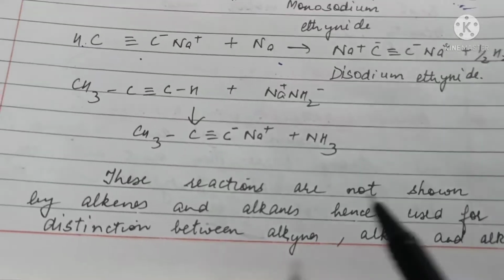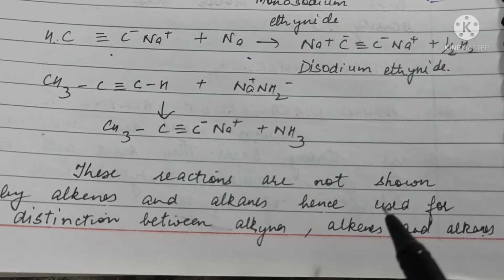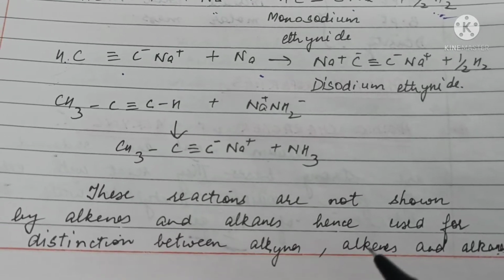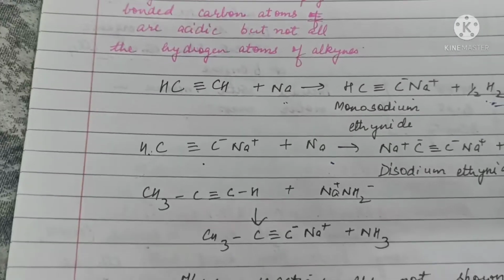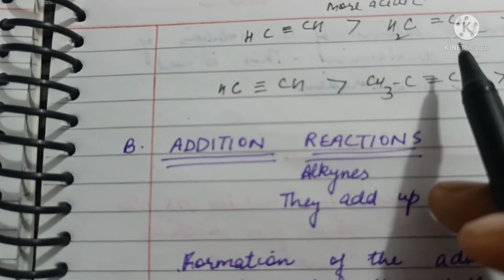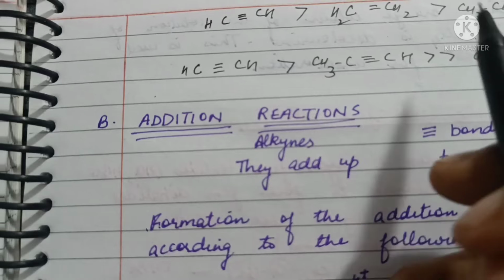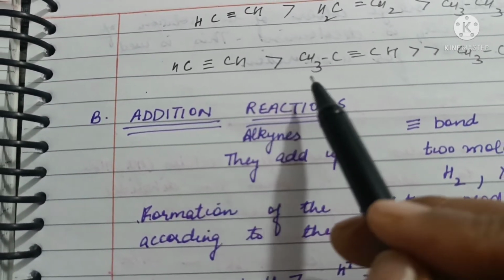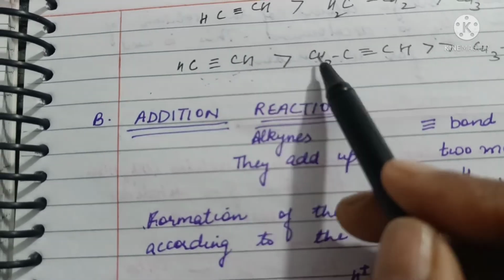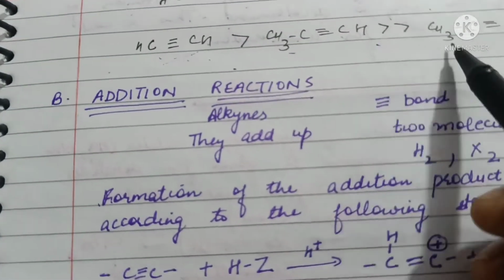And these reactions will not be shown by alkenes and alkanes. So we can use them to distinguish between alkynes, alkenes and alkanes. Now, out of the three, alkyne will be most acidic, then alkene, then alkane. And with respect to carbon atoms, the 2 carbon alkyne, ethyne, will be most acidic in nature, then propyne, then butyne.